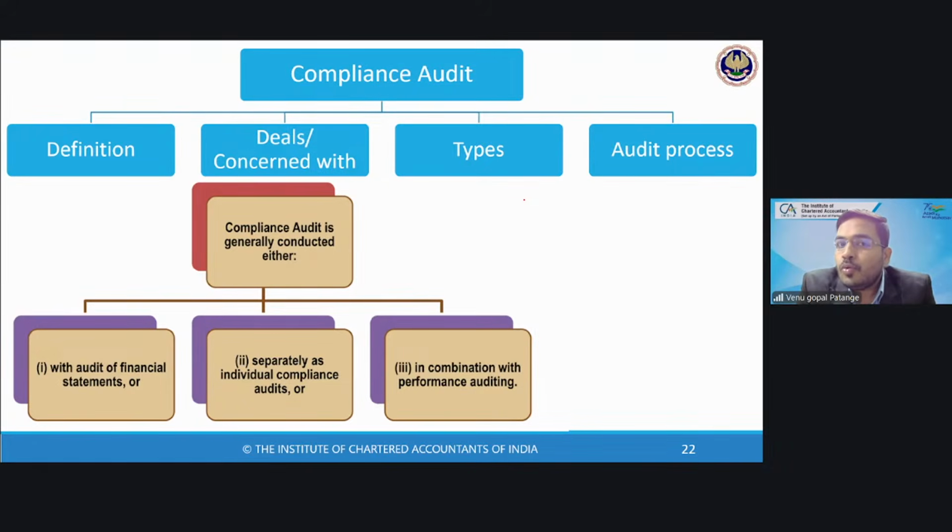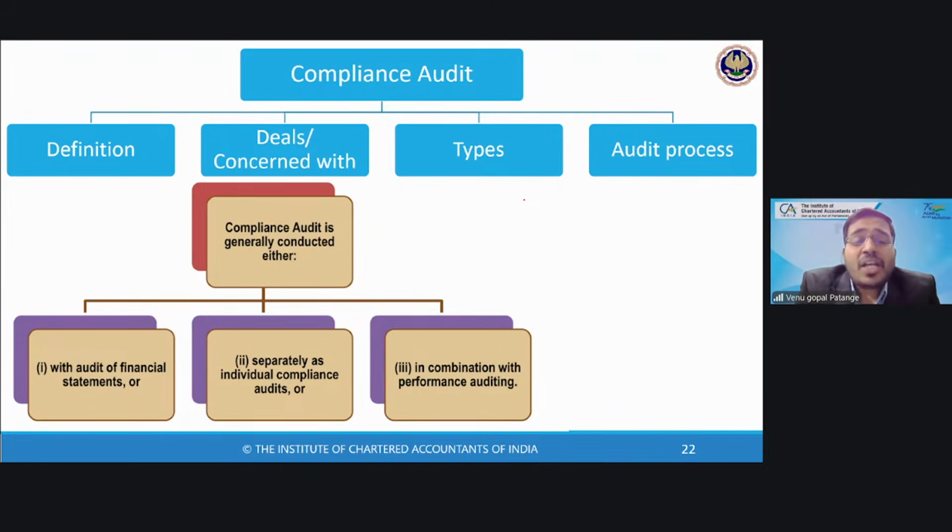So you already have a compliance audit as a part of financial audit. Yes or no? While performing a financial audit, you already have compliance audit as a part of it. That is inherent in financial audit. But exclusive compliance audit is a direct reporting engagement.